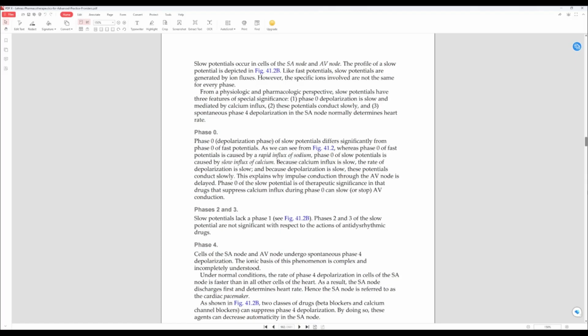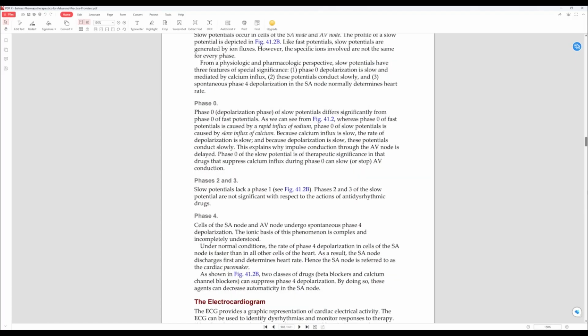From a physiologic and pharmacologic perspective, slow potentials have three features of special significance. Phase 0 depolarization is slow and mediated by calcium influx. These potentials conduct slowly, and spontaneous phase 4 depolarization in the SA node normally determines the heart rate.